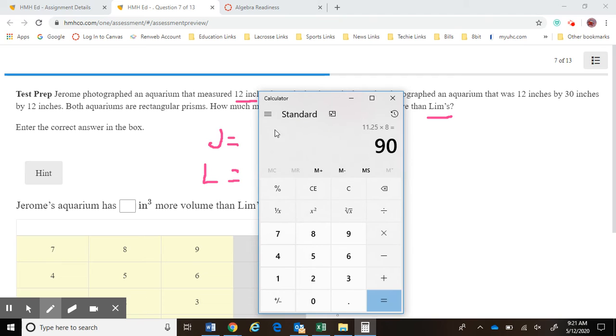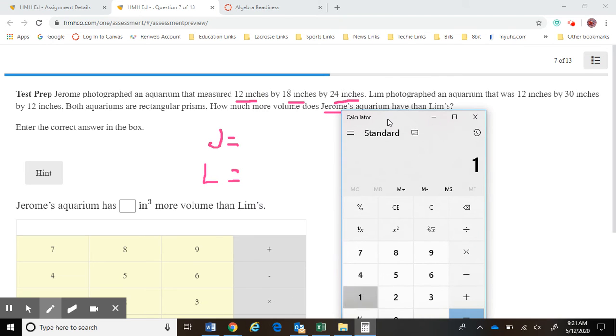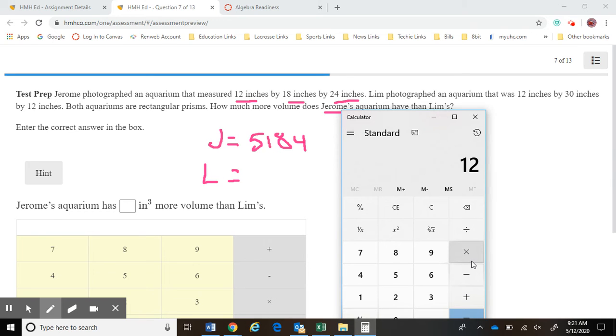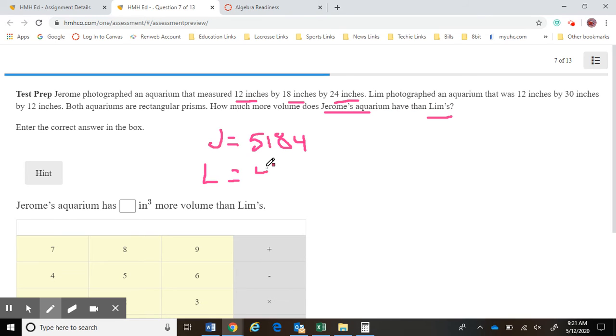So you've got Jerome's dimensions right here. So I've got 12 times 18 times 24. 5,184. Okay. And then I've got Lim. So 12 times 30 times 12. 4,320. Okay, and I got those from right here.